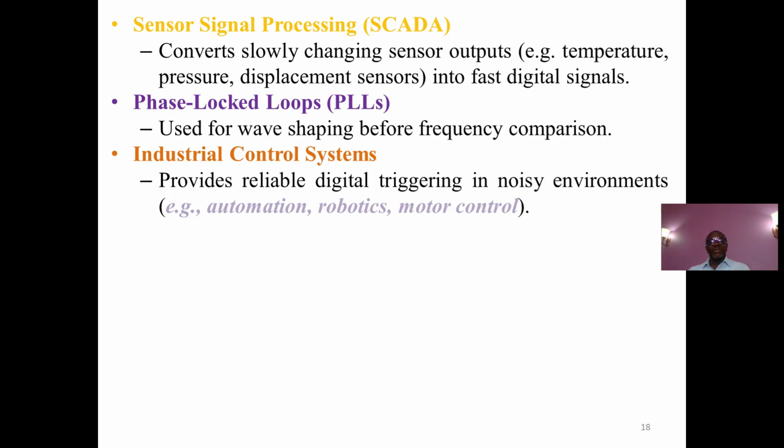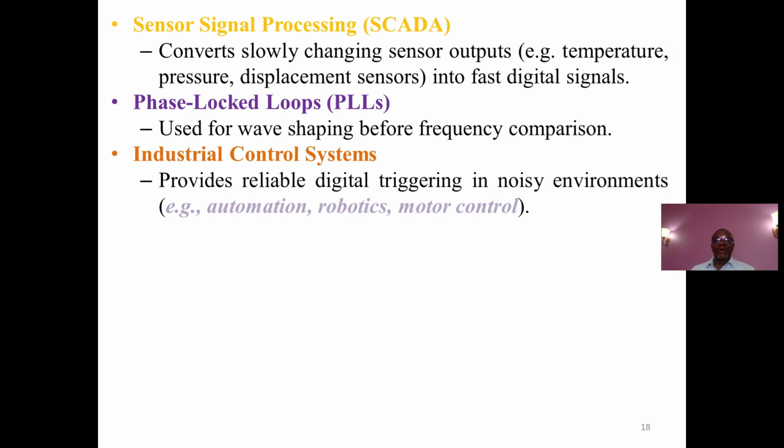And of course, in receivers for radio systems or anywhere you apply phase locked loop systems, you also make use of these Schmitt triggers. And of course, when you are doing your industrial control automations, you need to toggle, you need to switch, and you have a fast response.